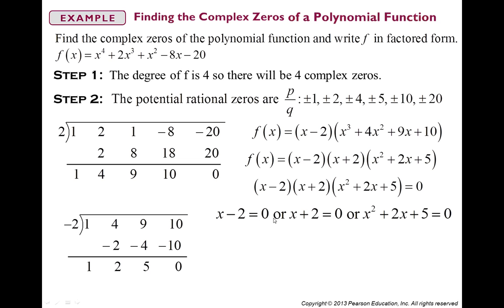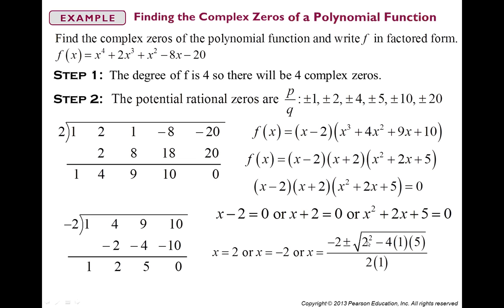You get x minus 2 equals 0, x plus 2 equals 0, or x squared plus 2x plus 5 equals 0. Unfortunately, we have to use the quadratic formula. This one is easy: x equals 2, x equals negative 2, and this one using the quadratic formula. There are no two numbers that multiply to give you 5 and add to give you 2. So we're using the quadratic formula.